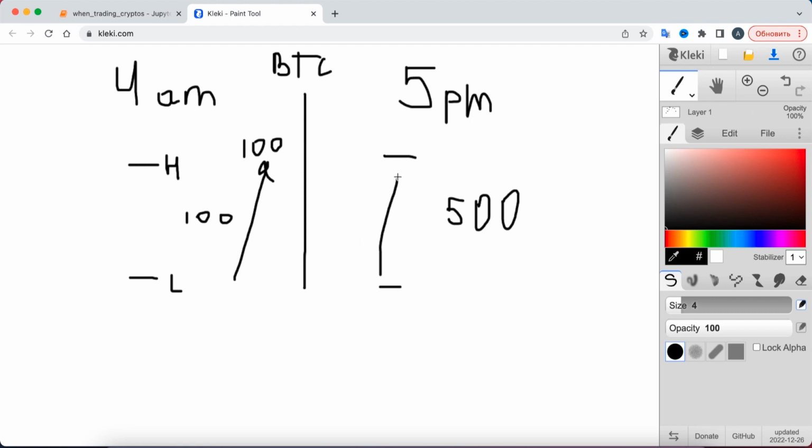But in the second case, our profit is $500. This simple example shows us why volatility is important and why we really need to choose an appropriate period of time to trade any assets.